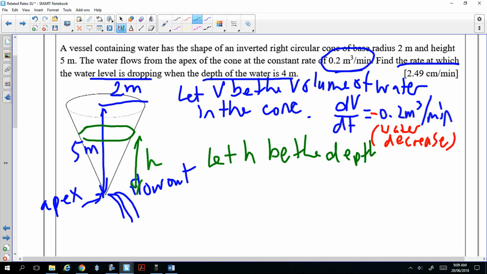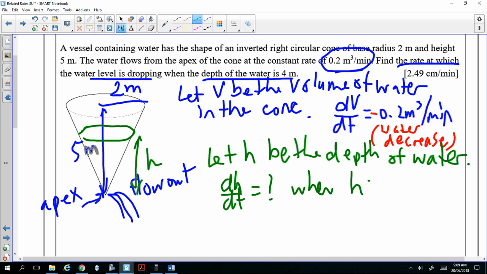So H is the depth of water, and you have to find dH/dt when the depth of water is 4 meters. When you read the question, you have to change it all to mathematical symbols: given dV/dt, you're finding dH/dt given H is 4.